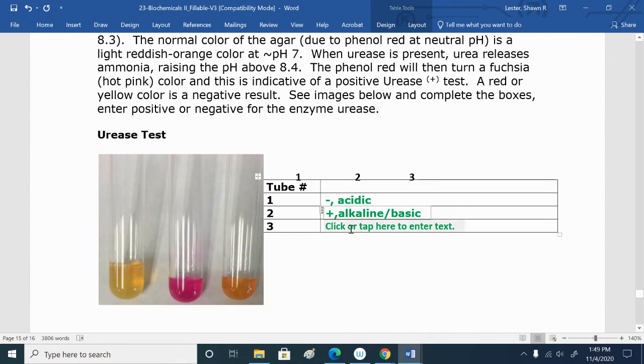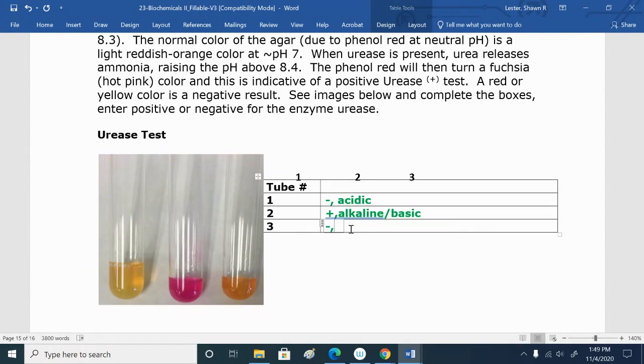And tube 3, is it positive or negative? Neutral. No, but is it positive or negative for urease? It's not fuchsia, so it must be negative. Negative, right?